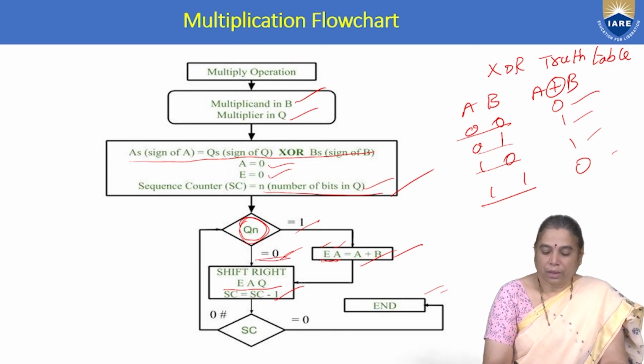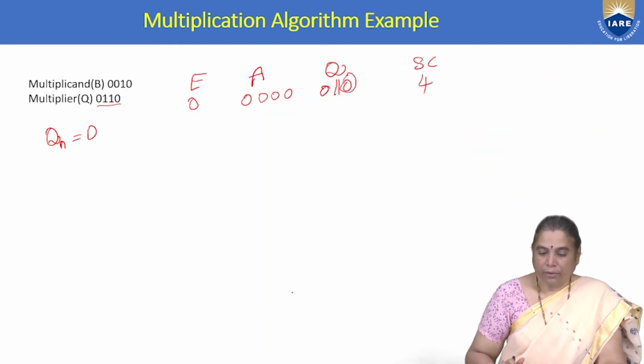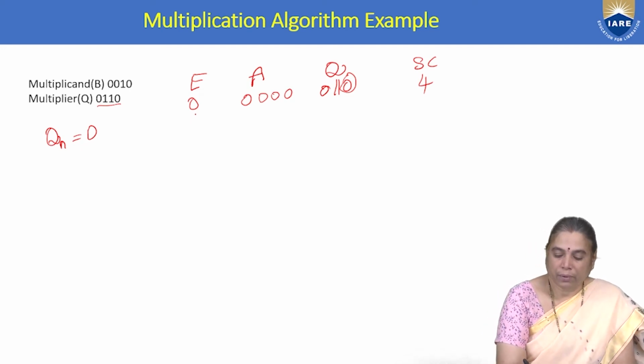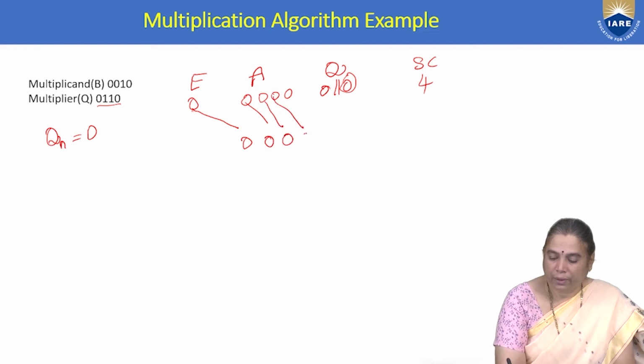Then what is the flow of operation? Shift right EAQ and decrement the counter value. So we perform the shift right operation on EAQ. Here, in the shift right operation, this bit is moved to A. Like this, the shift right operation is performed.